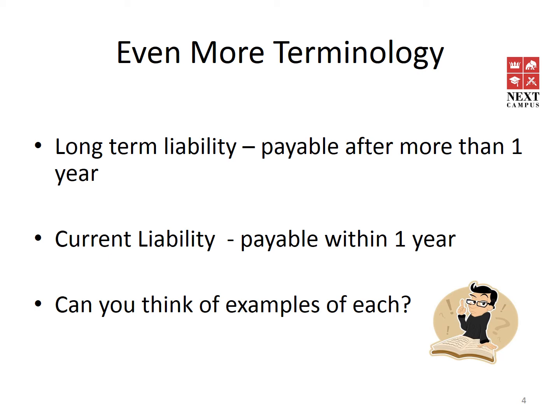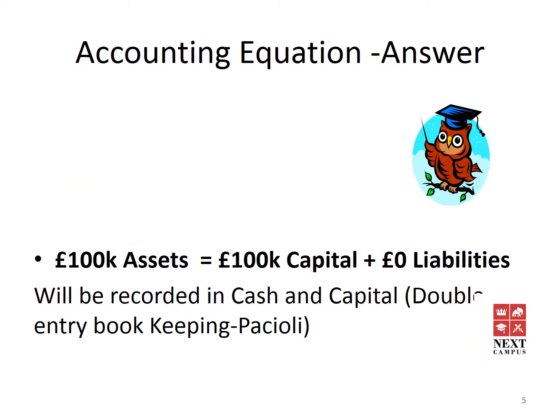Liabilities are amounts that have to be paid by the business to external providers of funding. So the accounting equation that we have developed: assets equals capital plus liabilities. That shows the assets of a business are funded by the owners through capital and external lenders through liabilities.